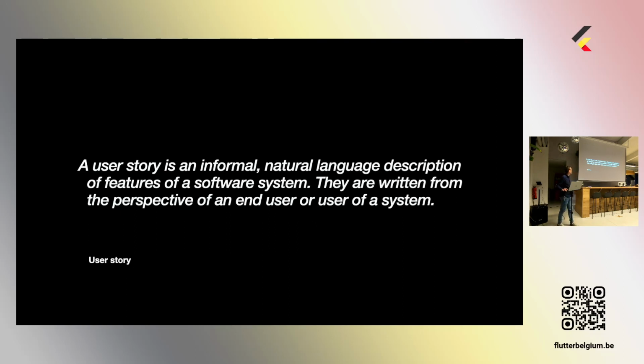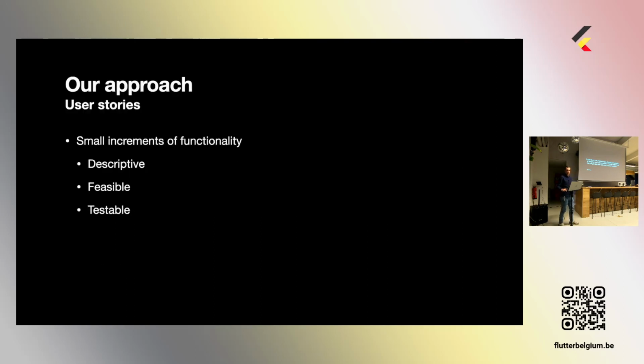A user story is an informal natural language description of a feature of a software system, written from the perspective of the end user or user system. The user story for us is as small as possible. It should be a small increment of functionality, which is descriptive, feasible, and testable.